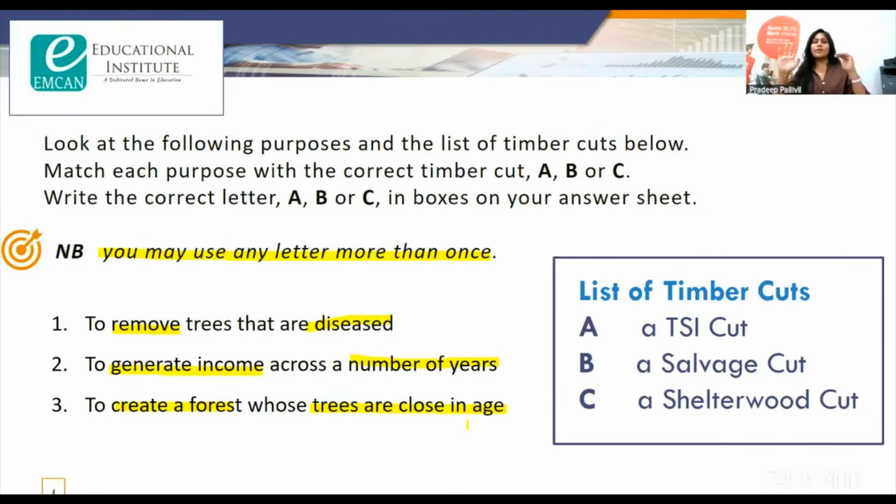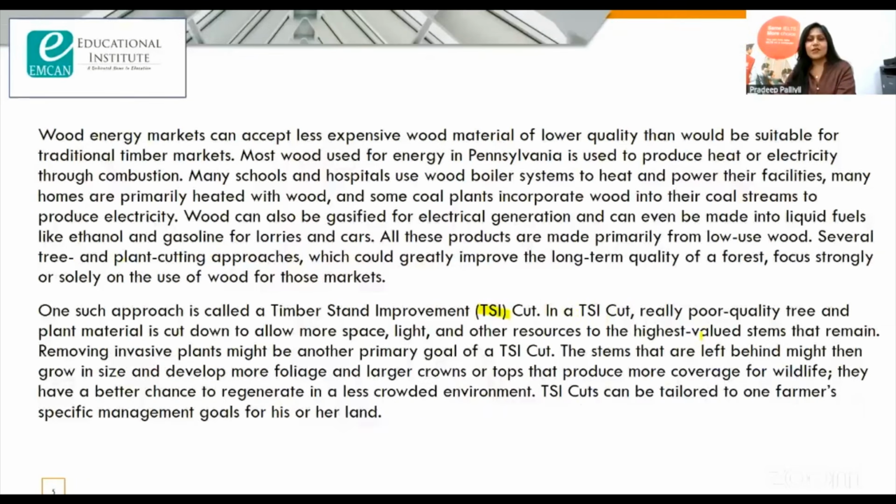Okay, so now keep those keywords in mind, and now we are going to read the part which talks only about TSI cut. That's our first focus. Okay, so let's go to the passage. So here, as we found earlier, the second paragraph is the one that we are going to read. So let's read this quickly using the skimming method.